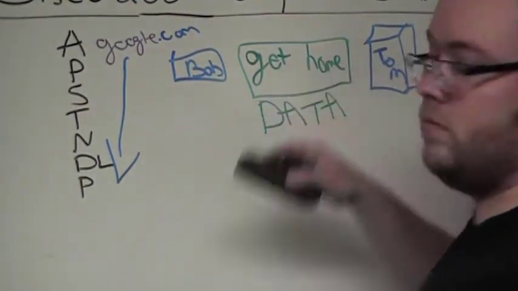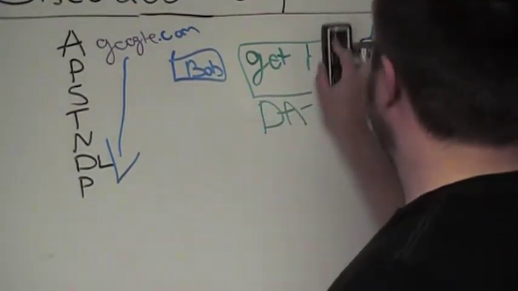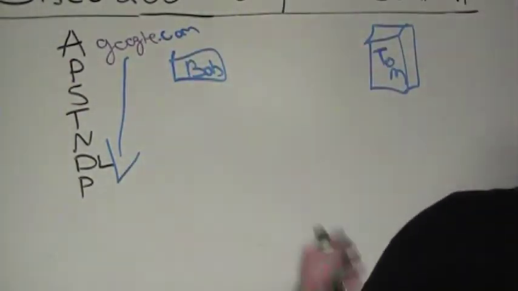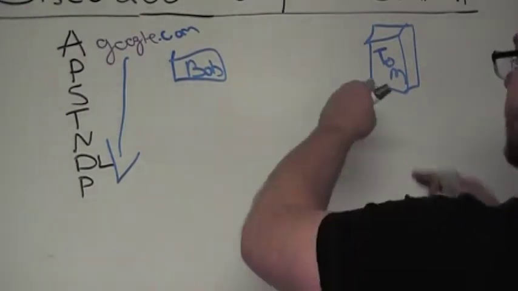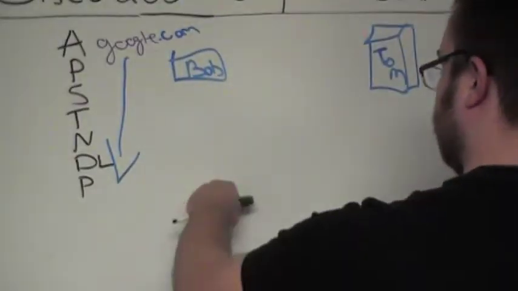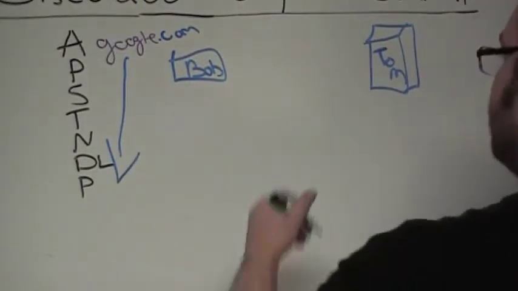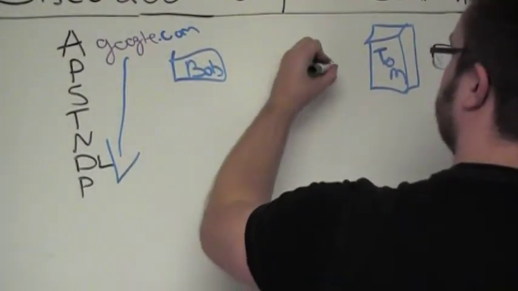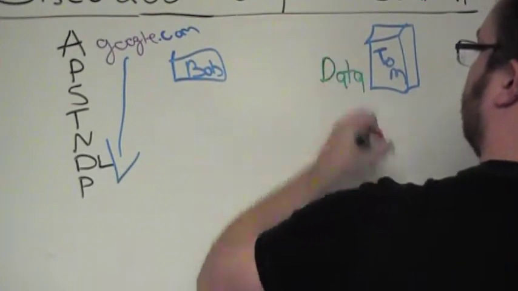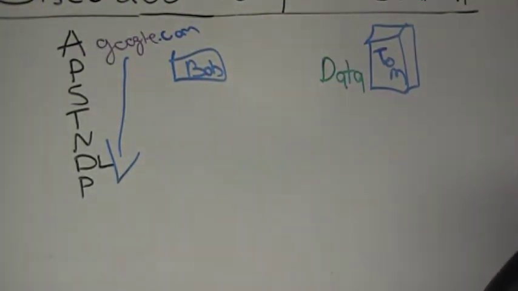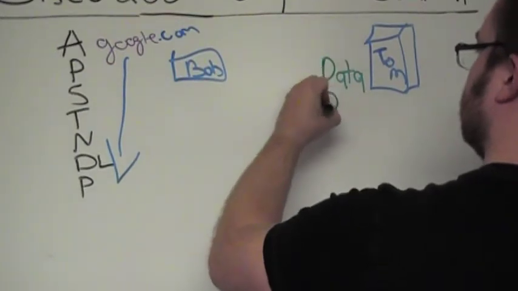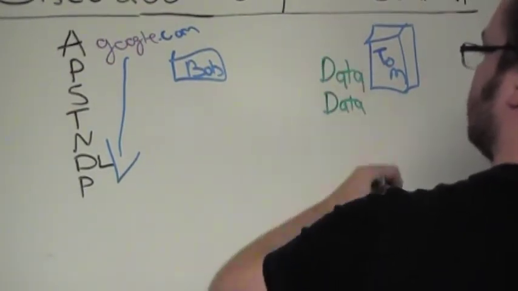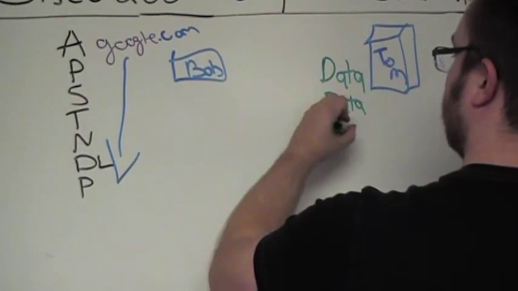So remember, get home. Alright, so from here out, just like the aforementioned statement, we're going to use the reference of just data, which implies everything from the layer above put together in the encapsulation process. So we're going to say data. That's going to be the first portion of this here. So we move on to the next portion, which is data. The top 3 layers, you can just call them data.